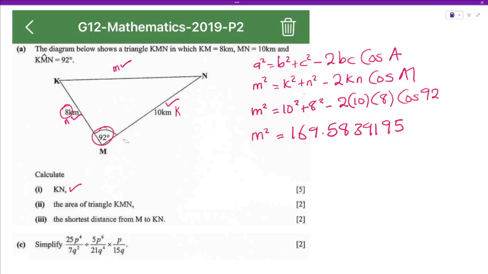I actually wanted to check whether what I had punched in was correct, and that is the correct answer we have here.